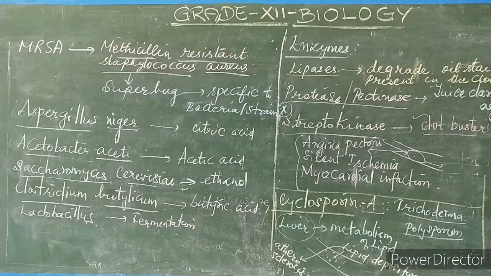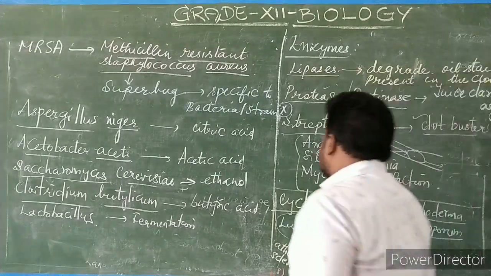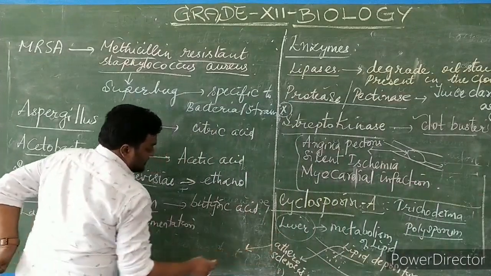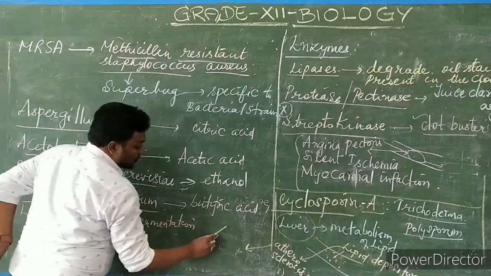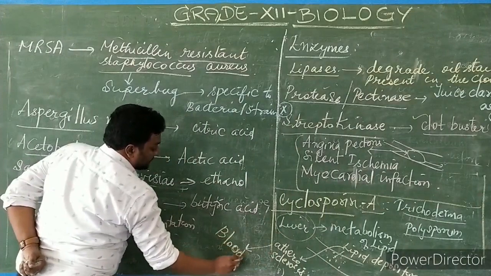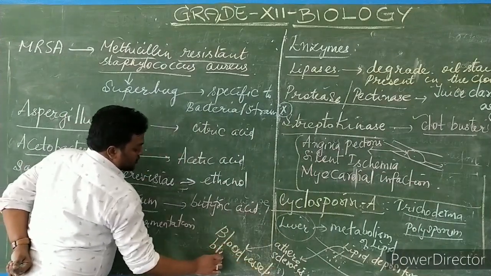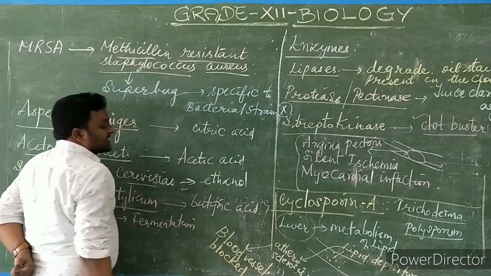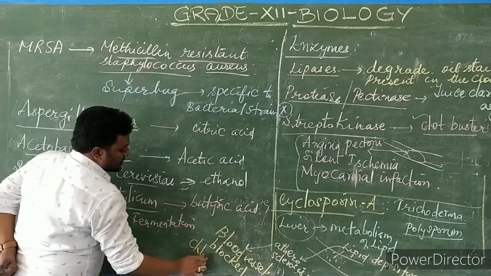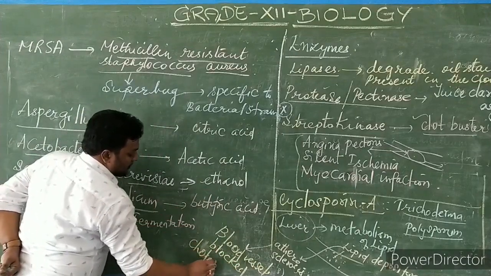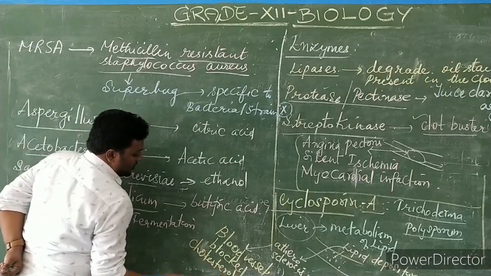So as a result of atherosclerosis, the blood vessels will get blocked because of cholesterol deposition.